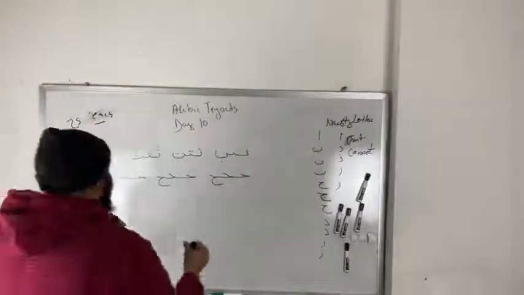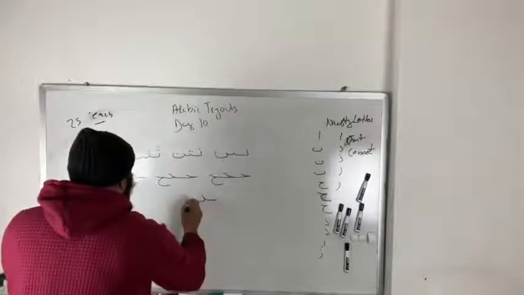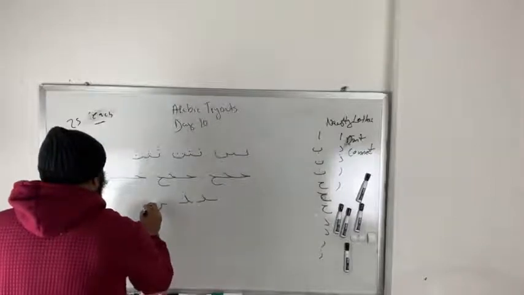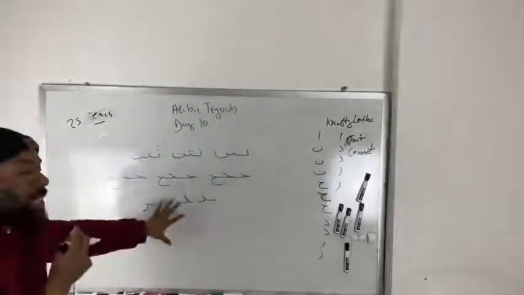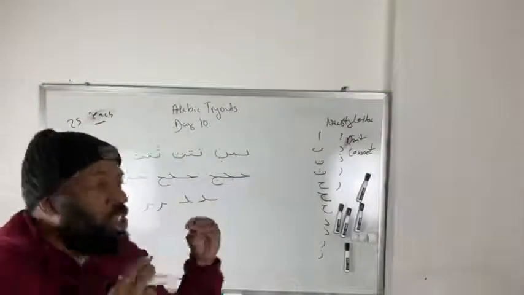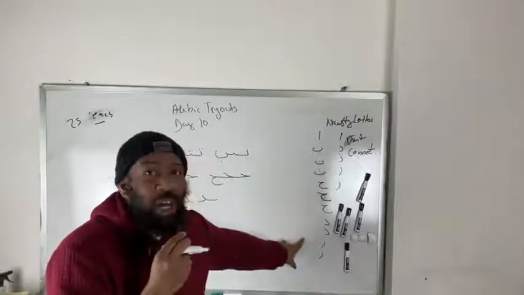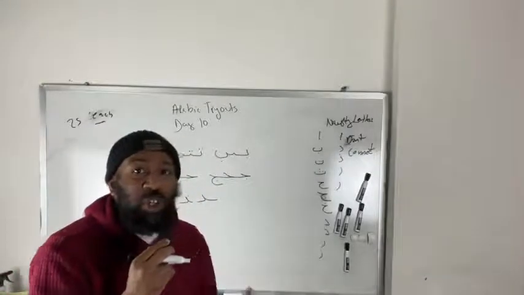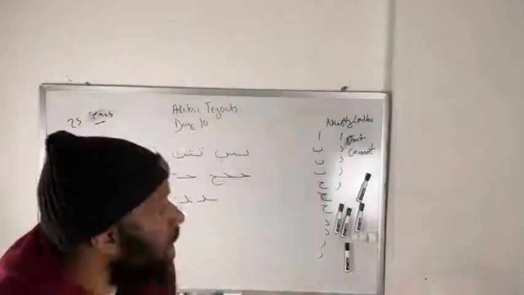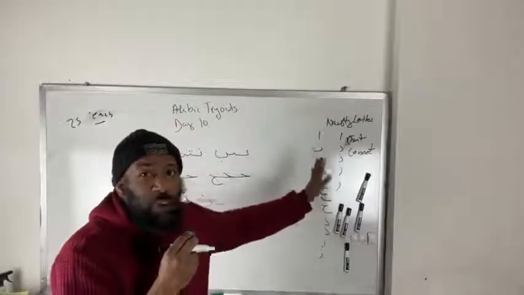Likewise, with Dal, Ra, Zay, from connecting from the back. This is important to understand because once you start to read, it's not going to look like the independent letter itself. Okay, so when you look in your Mus'haf or you look in the Quran with the English and the Arabic on the other side, you're not going to see it like this. All right, the independent form, you're not going to see it.